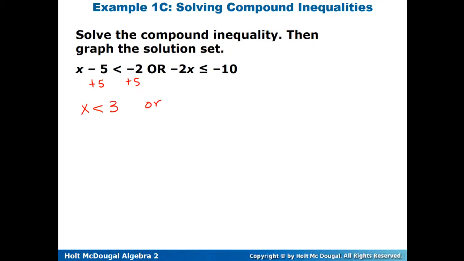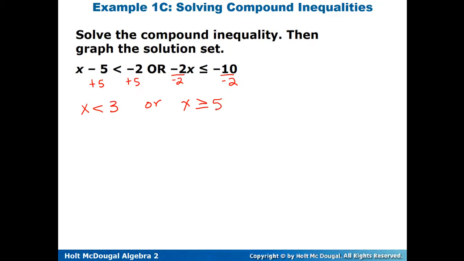Or this time we have to divide both sides by -2 to solve for x. Now remember, when we divide by -2, we have to change our sign. So instead of less than or equal to, we're now greater than or equal to. So x is greater than or equal to -10 divided by -2 is a +5.